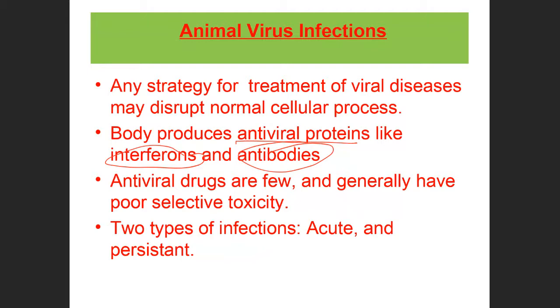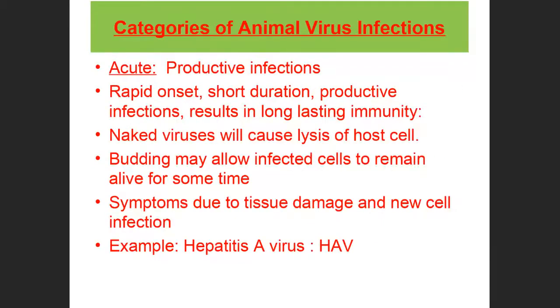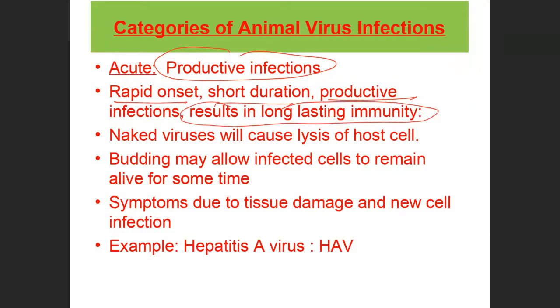Viral infections can come in two types, acute or persistent, and persistent can be chronic or latent. Acute infections are easy viral infections. These are productive infections. They typically have a rapid onset and short duration, and you typically get long-lasting immunity from the infection. If this is a naked virus, it will cause lysis of the host cell.